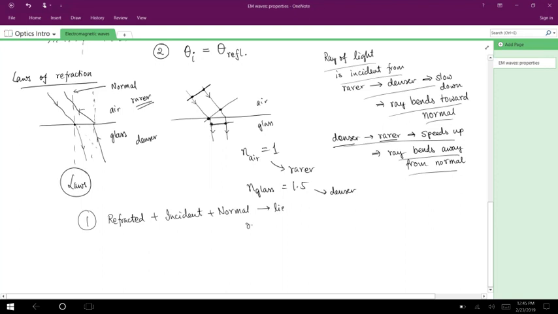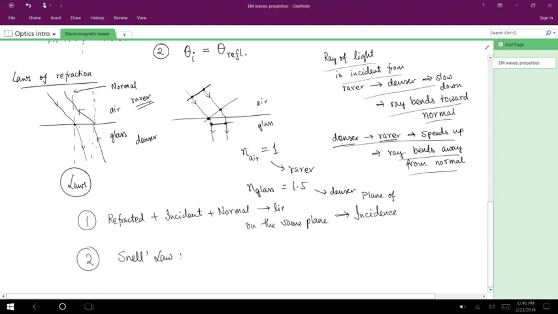Lie on the same plane. And what is this plane called? This plane is again going to be called the plane of incidence, right? And then there is a second law of refraction, and this law has a name to it. It's often referred to as Snell's law.